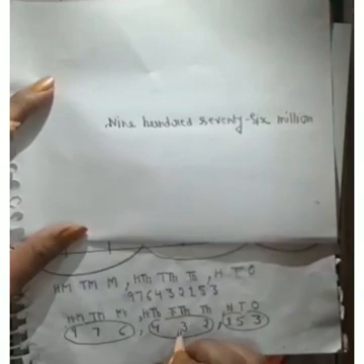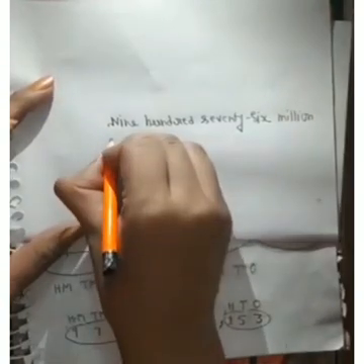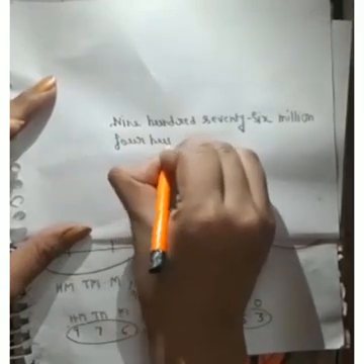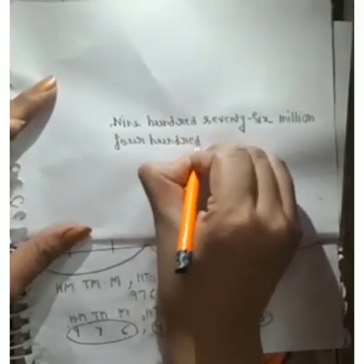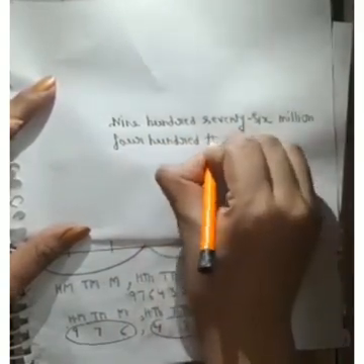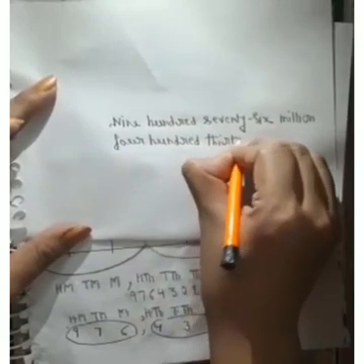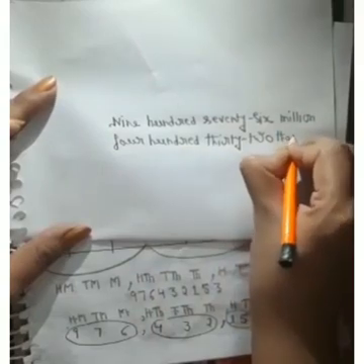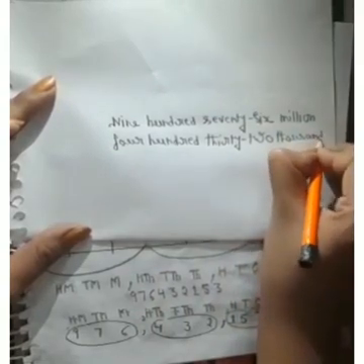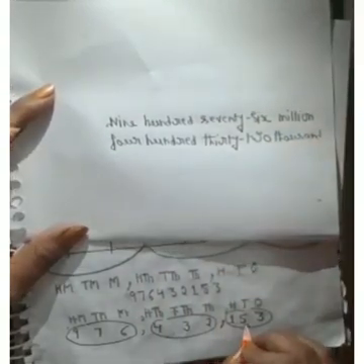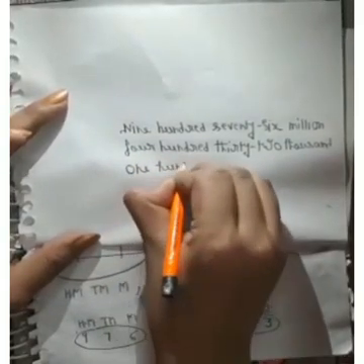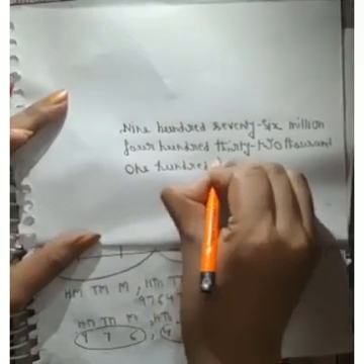Now we have 432 and the period is thousand. Now what is left over? 153.